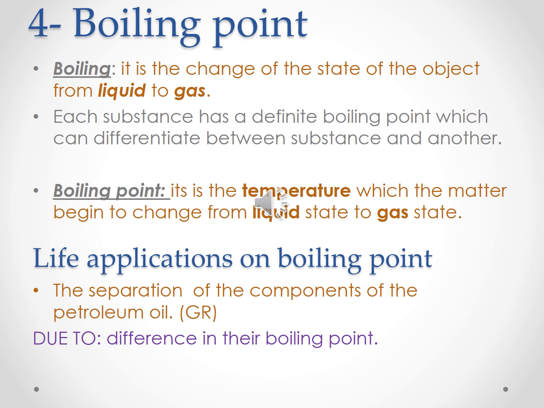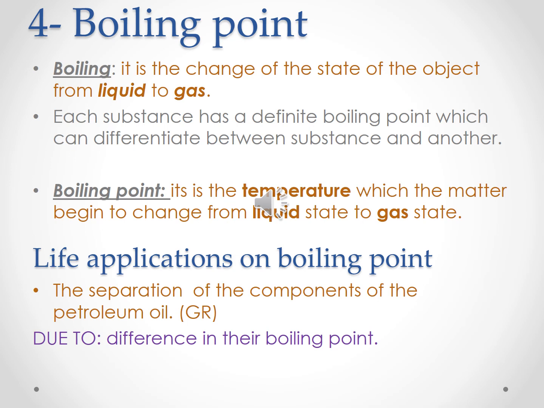Normally the water temperature, for example, is 26. After the fire begins, the water temperature begins to rise up from 26, 27, 40, 50, 60, 70, 80, 90, 100 degrees Celsius.